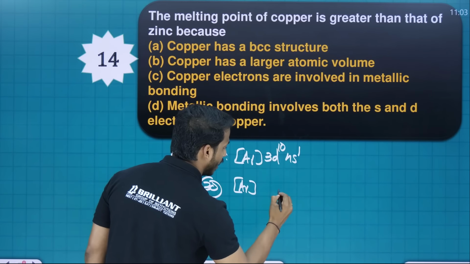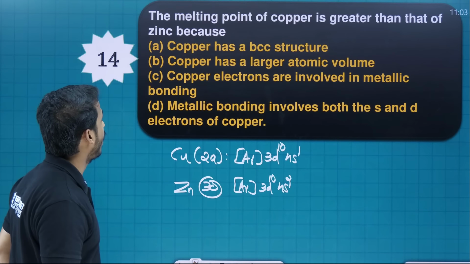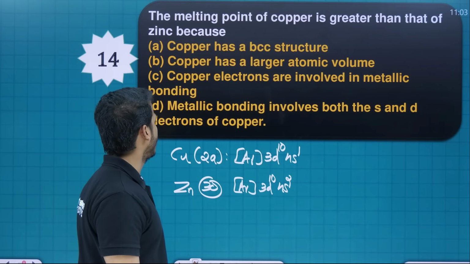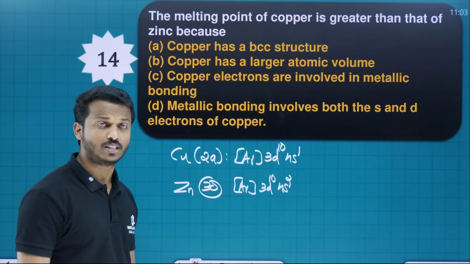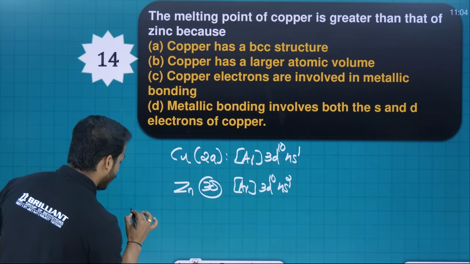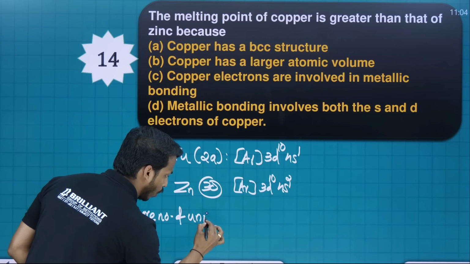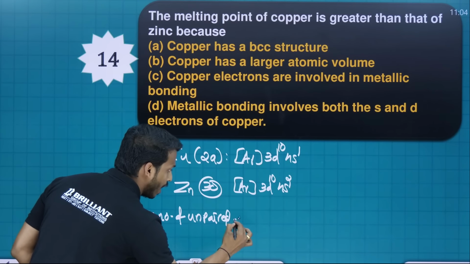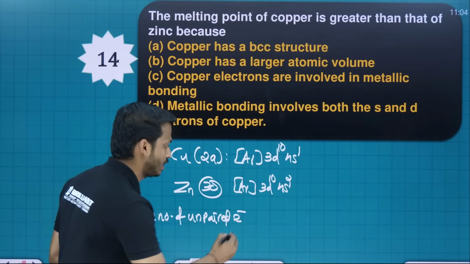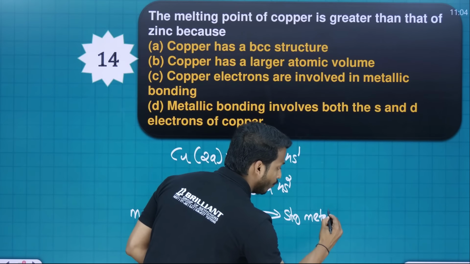So what do we write? Argon and 4s2 3d10, right? Ready. Now question, why is the melting point of copper greater than that of zinc? See, what is the reason for melting point? See, if they contain more number of unpaired electrons, they form very strong metallic bonds.